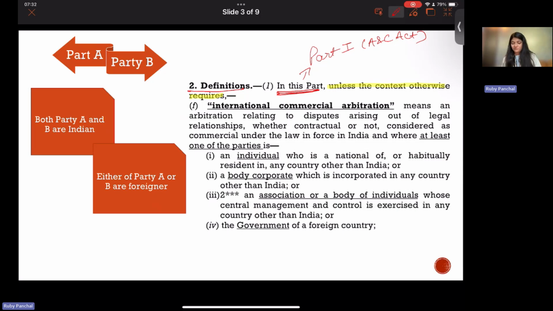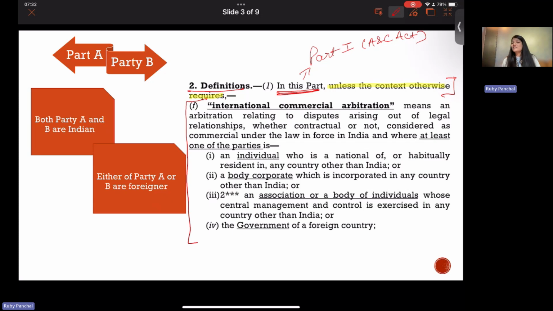So what does it mean? Section 2 provides definitions, and before laying down definitions, the qualifier says, "in this part, unless the context otherwise requires, you will define the terms as follows," which means that you have to read the provision and see what exactly that provision is stipulating. And only if the context is correct, you will define the terms as follows.